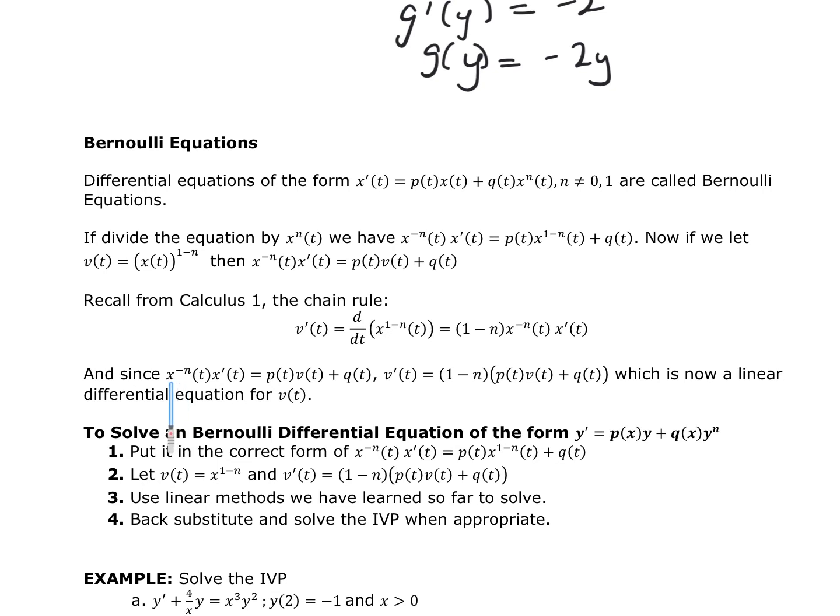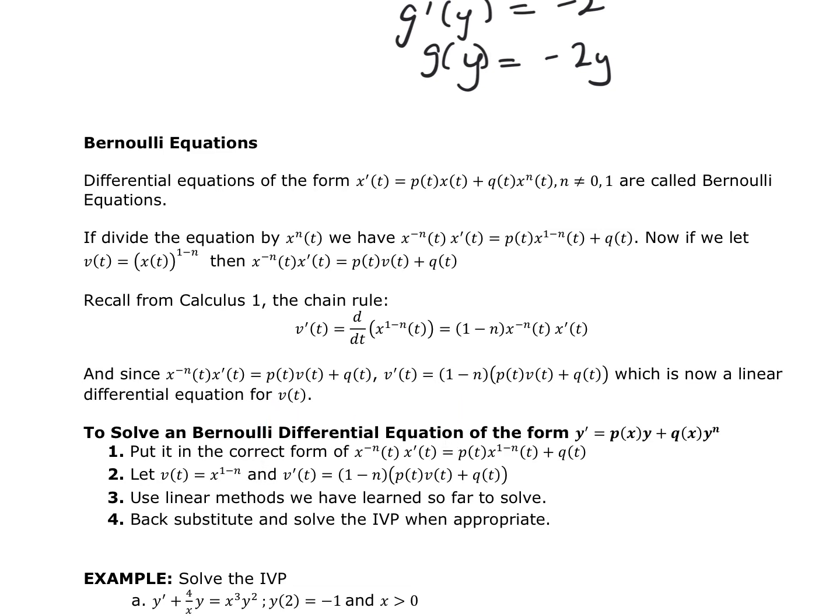Now, if you remember that we just said that x raised to the negative n of t times x prime of t is equal to p of t v of t plus q of t, then v prime of t must be equal to this, which is now a nice linear equation.